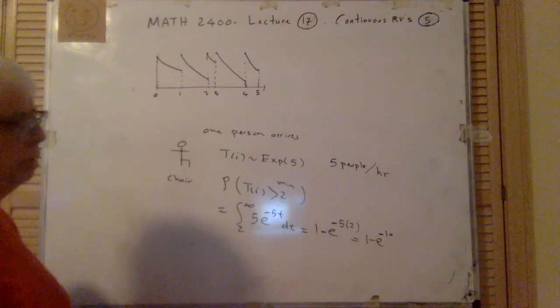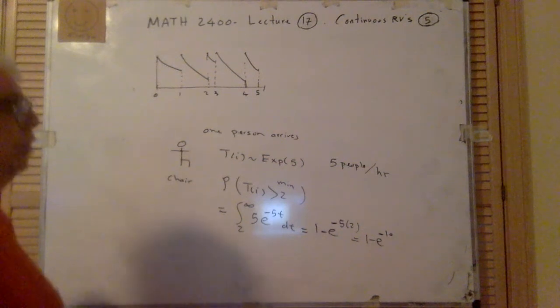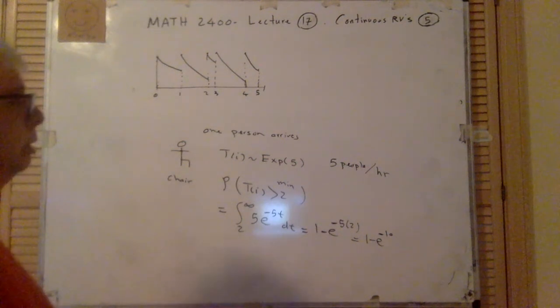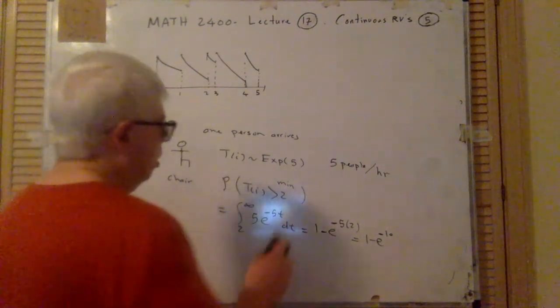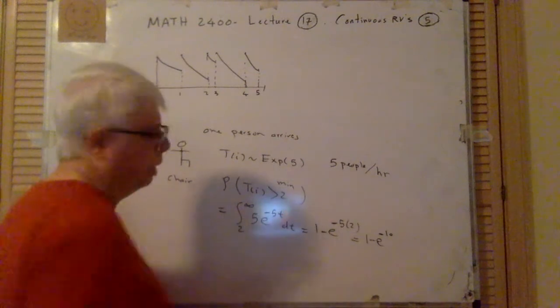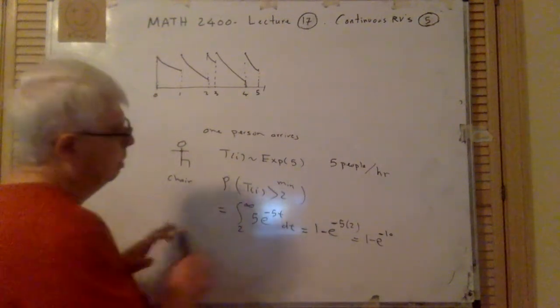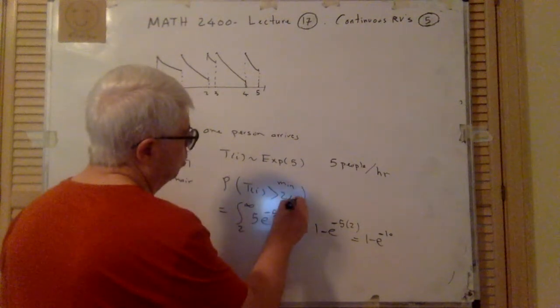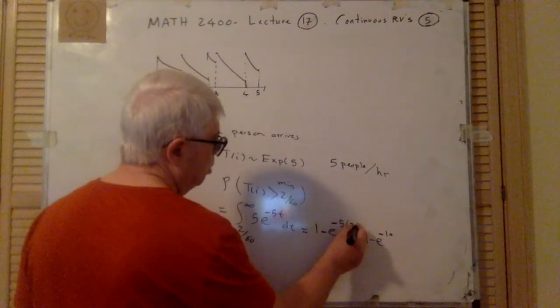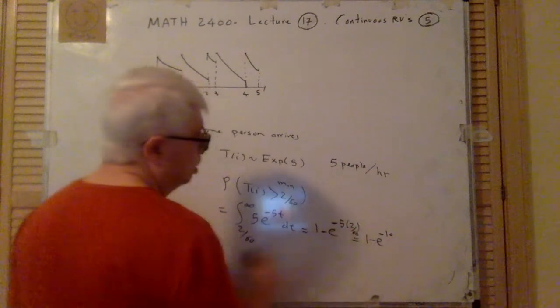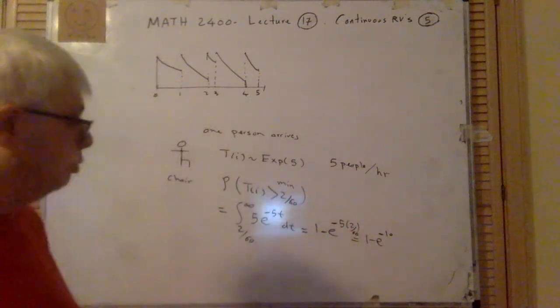Oh gee, if 5 people arrive per hour, then that 2 minutes is wrong. That's 2 hours, sorry. My bad. You see, the mistake is that this should be divided by 60, right? So this is 2 divided by 60, not just 2.